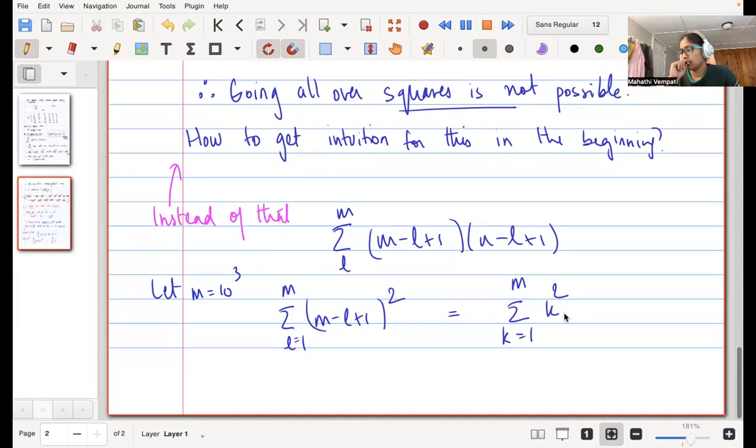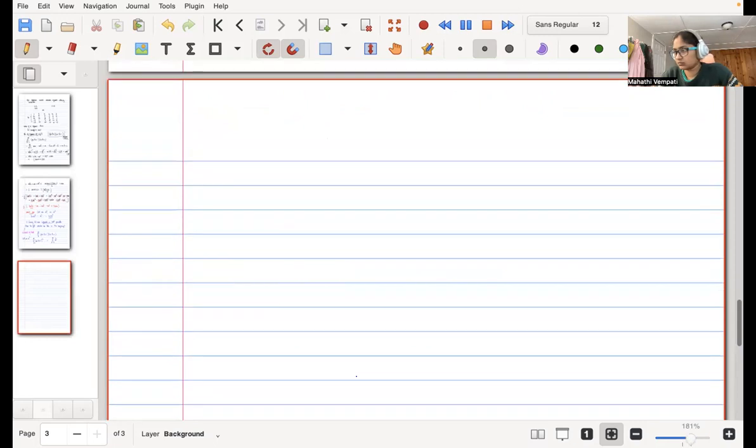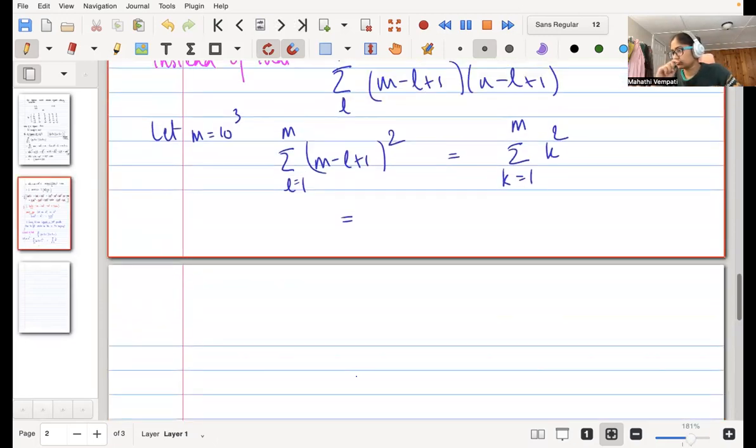Right? And then the sum over the first n squares is definitely has a cube term.